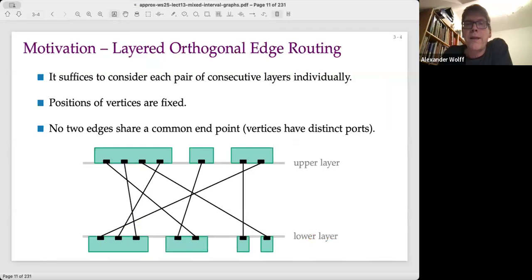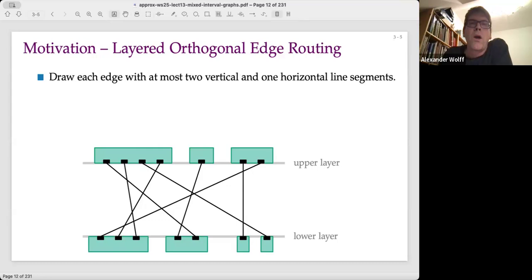And you know exactly which little black rectangles, so-called pods, are connected to each other. And we assume that it's just a matching.